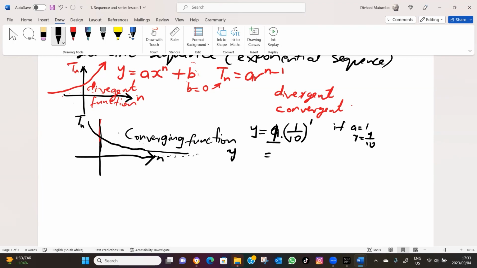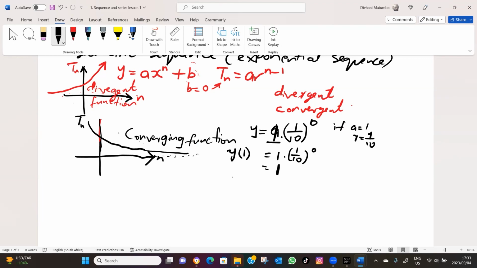So for term 1, if n equals 1, we're going to have 1 times 1 over 10 to the power of 0. Any number to the power of 0 is 1. So this value will be 1.